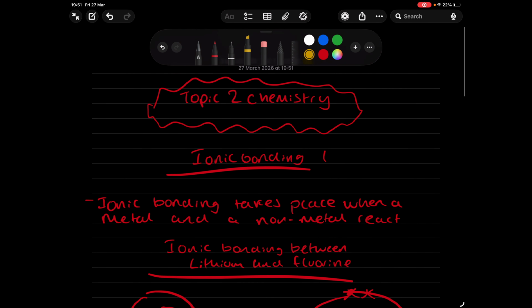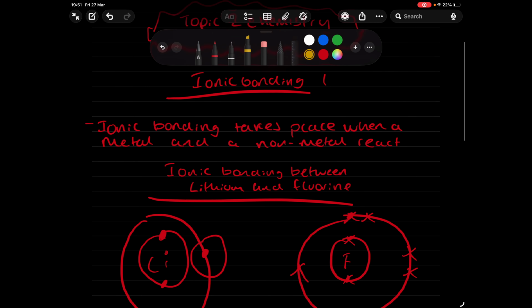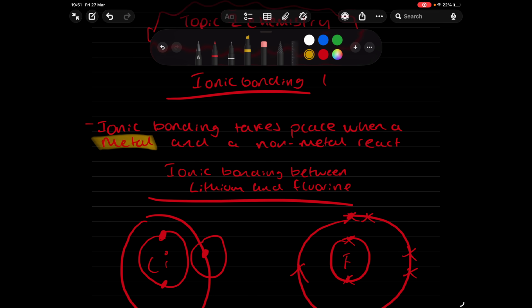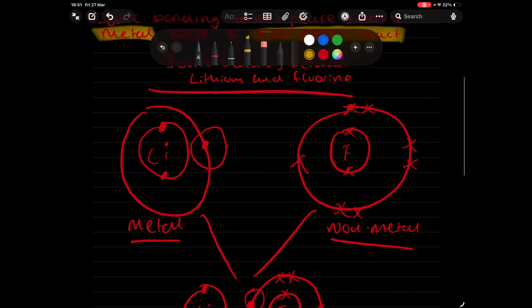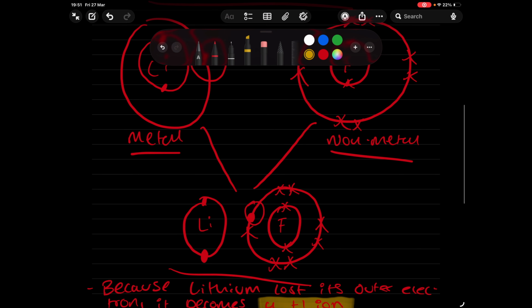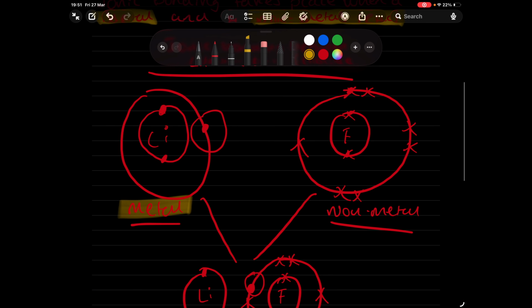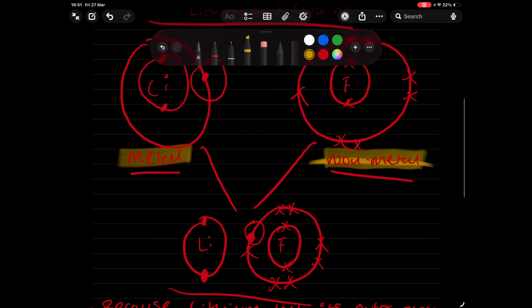So here are the key facts you have to remember from what we've talked about so far. Ionic bonding takes place when a metal and a non-metal react. The example was ionic bonding between lithium and fluorine. Lithium was the metal and fluorine was the non-metal.